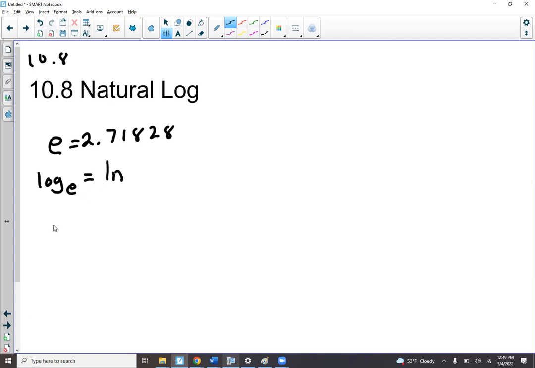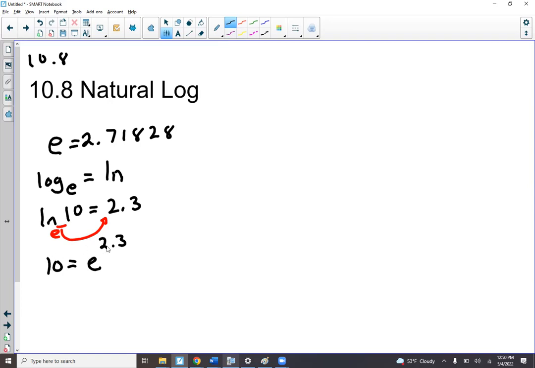So for example, if I want to solve ln 10 equals 2.3, I'm going to move the base of the log to become the base of an exponent. The base of a ln happens to be e. So it's going to be 10 equals e to the 2.3 power.